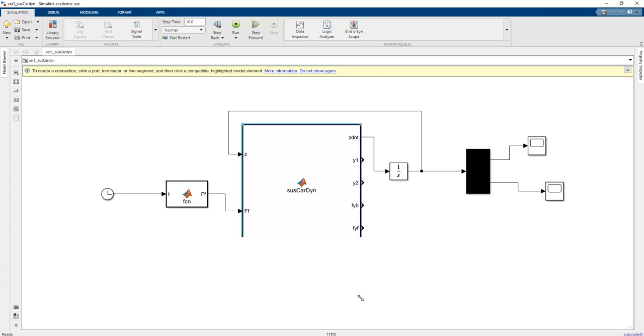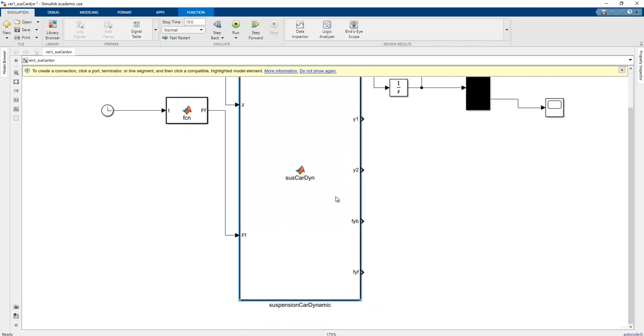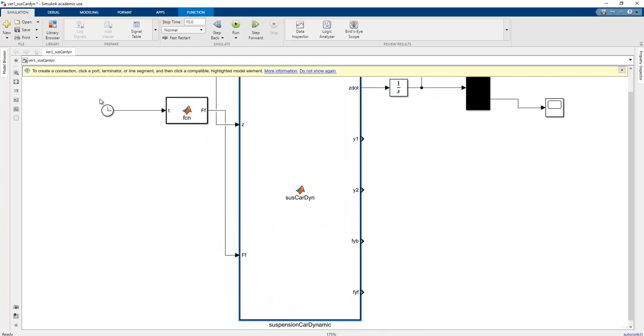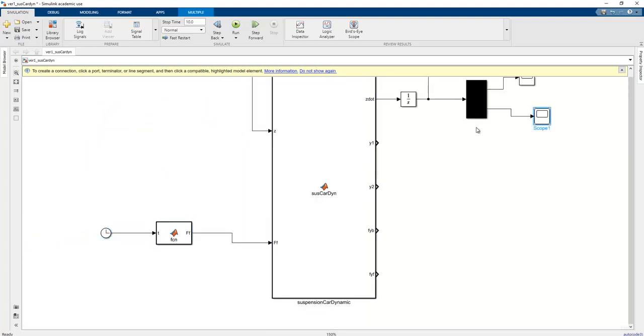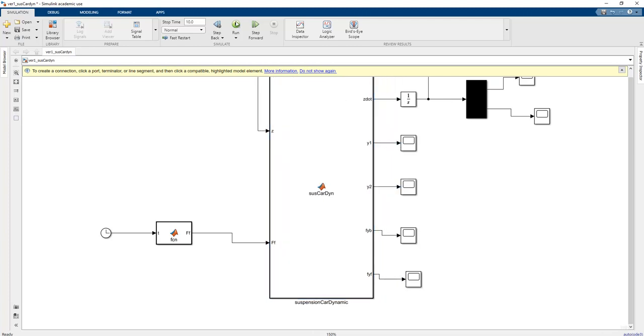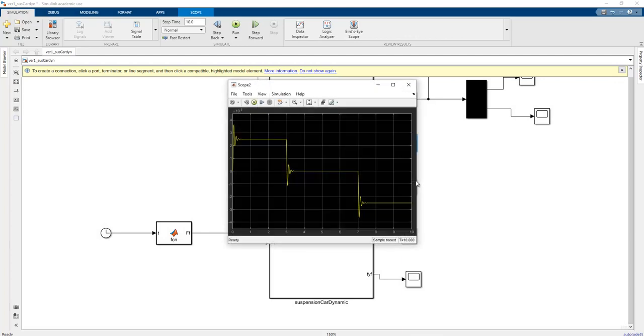Okay, and then what? We need to show these diagrams in here like this one, and so we need to add 1 scope, 2 scopes, 3 scopes, and 4 scopes. Okay, this must be linked by using these scopes, and so if we rerun this program, we obtain the total deflection in the front wheel.